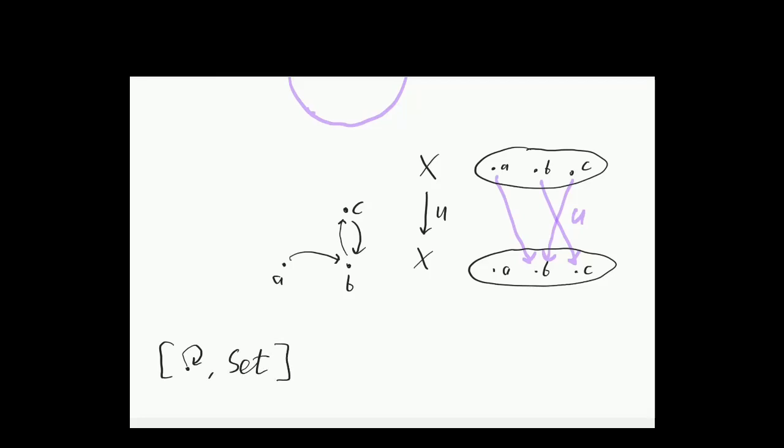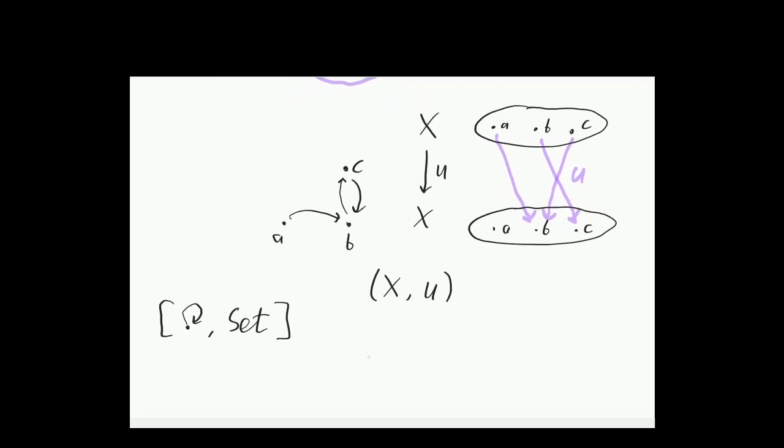The objects in this category consist of pairs of a set X and a function U from X to itself, and then a morphism, or an arrow, from one dynamical system to another one, X dash comma U dash, is just going to be a function F from X to X dash which makes this square commute.